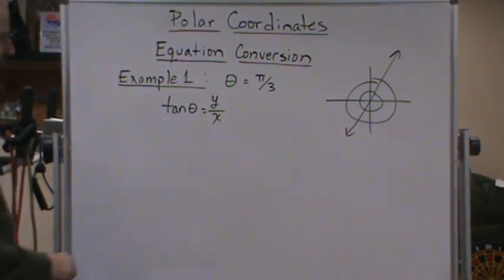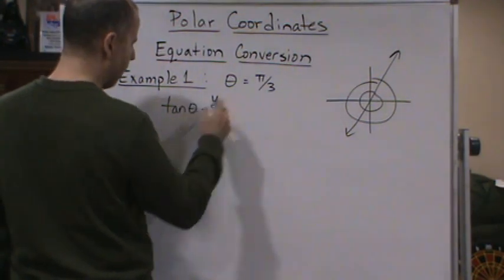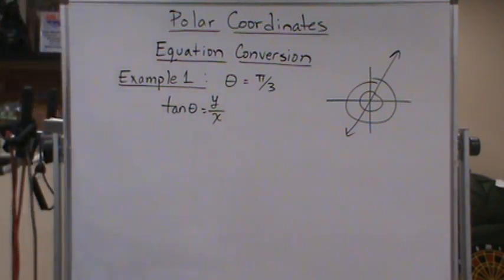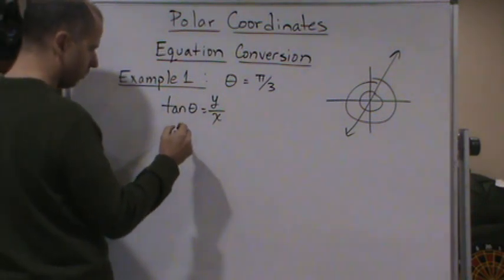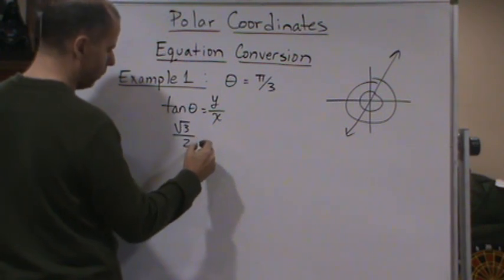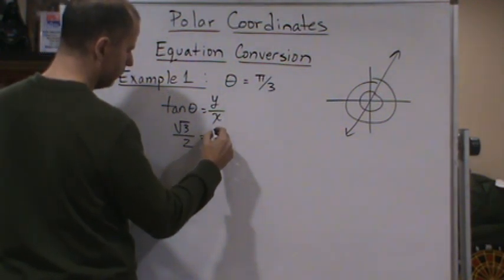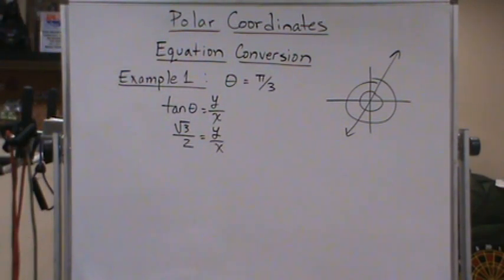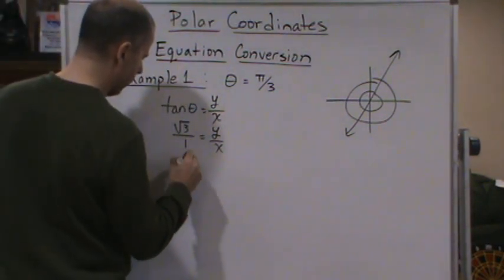Now, what's the tangent of pi over 3? Well, tangent of pi over 3 is, excuse me, I'm sorry, not 2. Square root of 3 over 1, equals y over x.